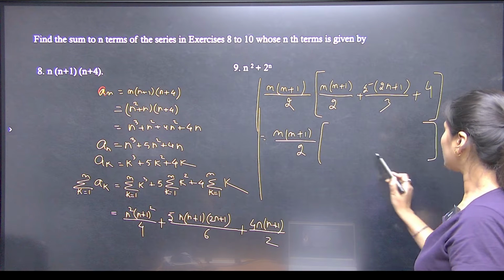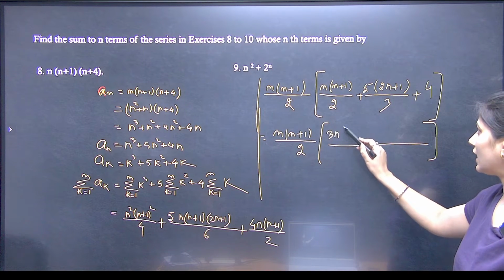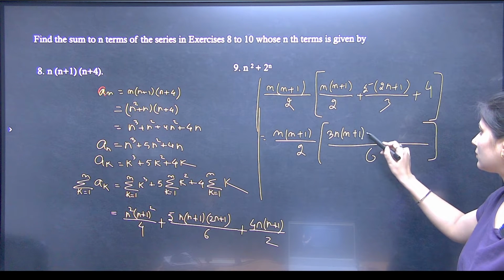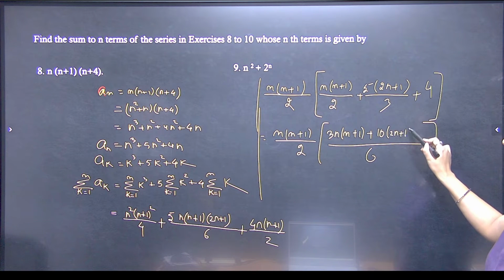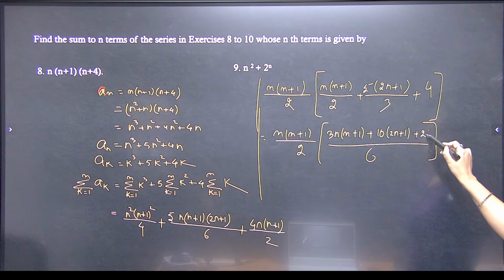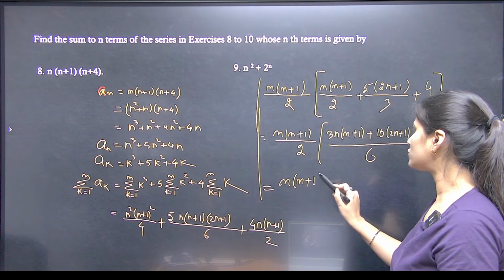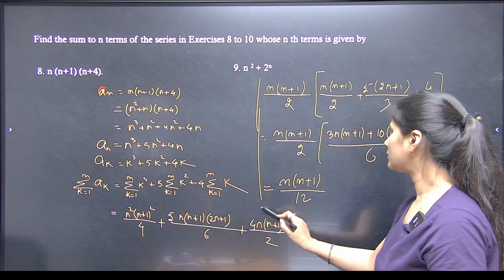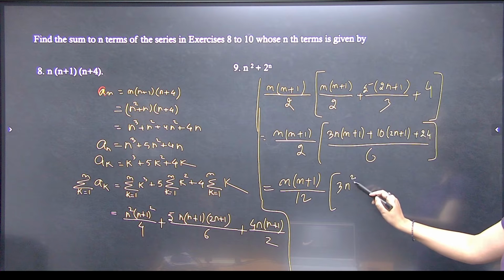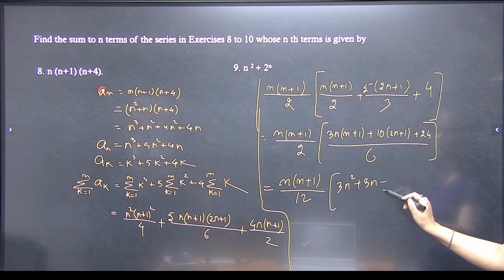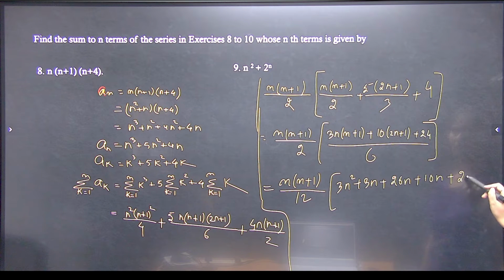Okay, on taking LCM, it will give 3n plus 1, 10 (2n plus 1), and then we have 24. Okay, so it is n plus 1, 2 into 6 is 12, and here we have 3n square plus 3n plus 20n plus 10 plus 24.